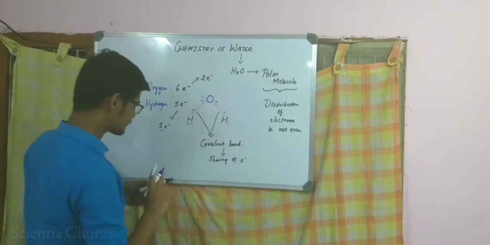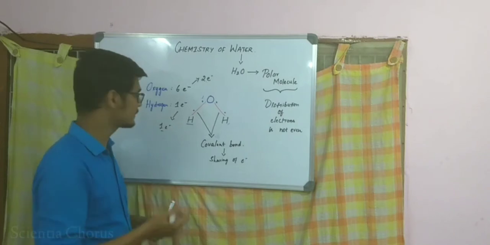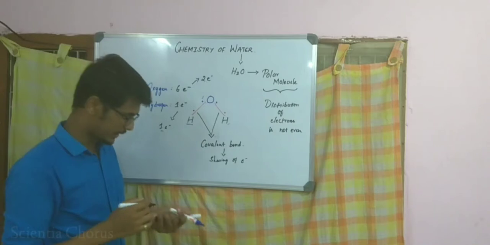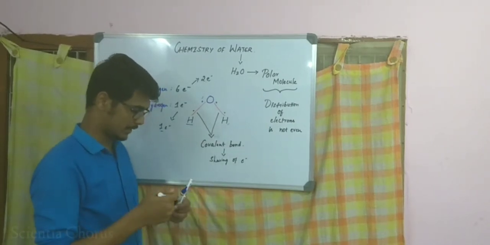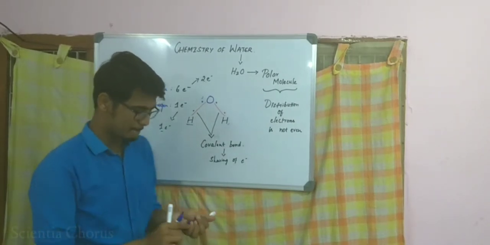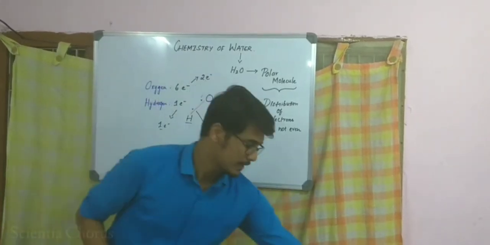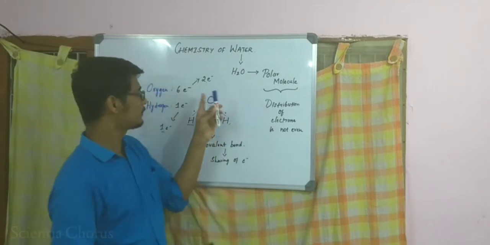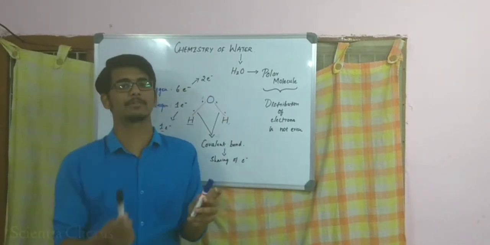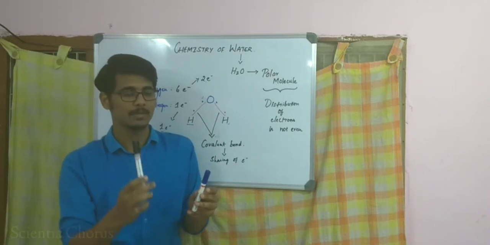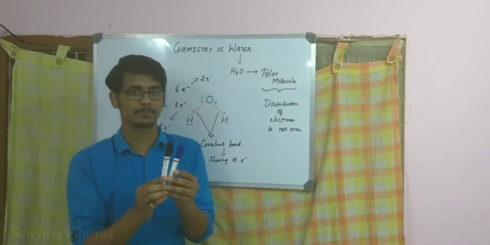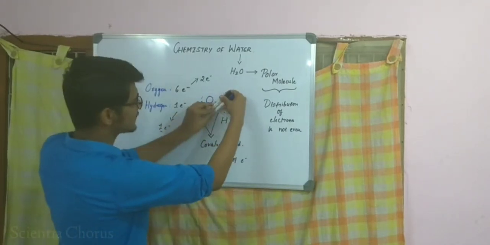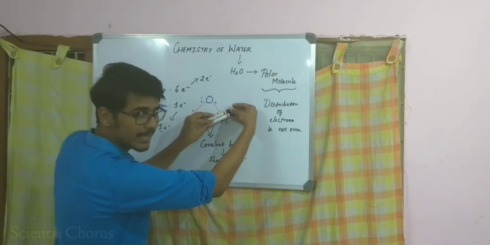Now, what has happened in this case is that the shared electrons do not lie in the center. So let us take this. This is the electron of oxygen and this is the electron of hydrogen. Now these two electrons are going to be shared. It is not in the center, and it is not towards the hydrogen.